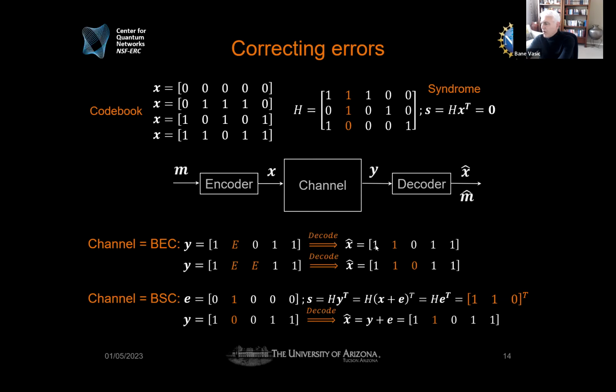So if I have, let's say, this vector y, this means that I will be adding the first and the two last columns of H, and this is how I would create a syndrome.